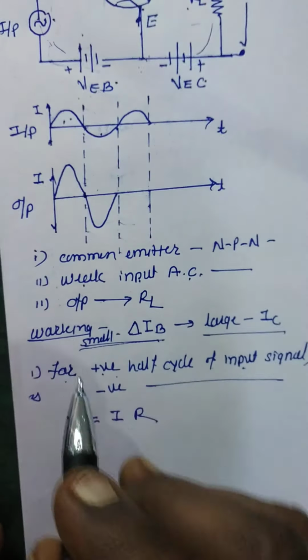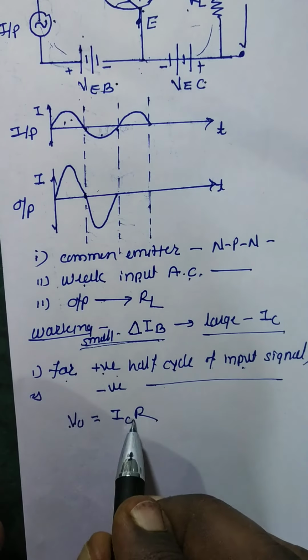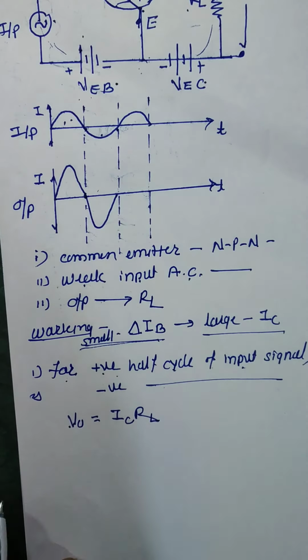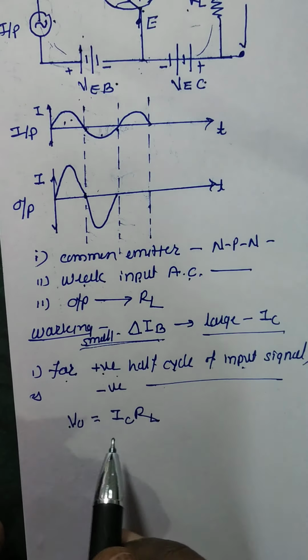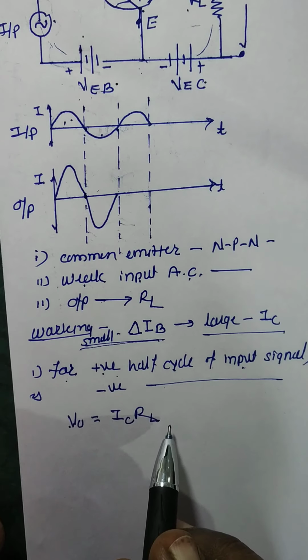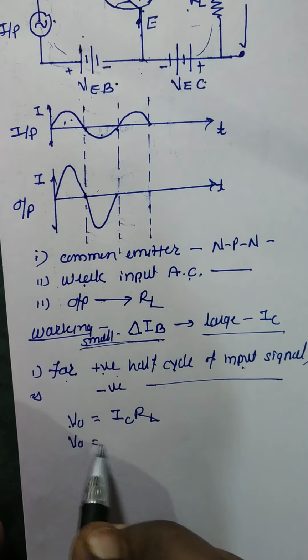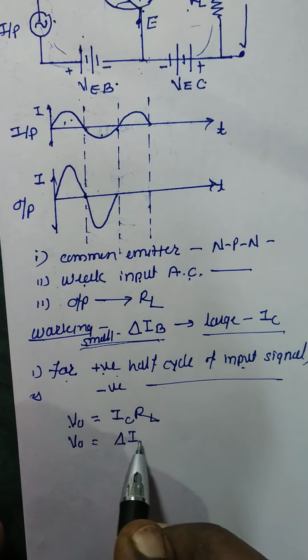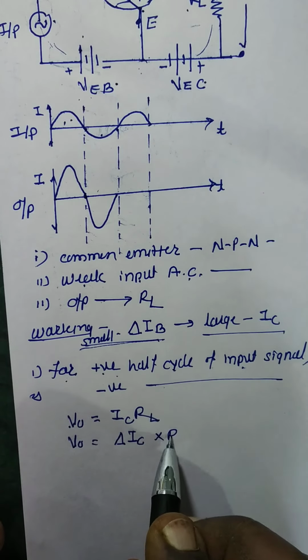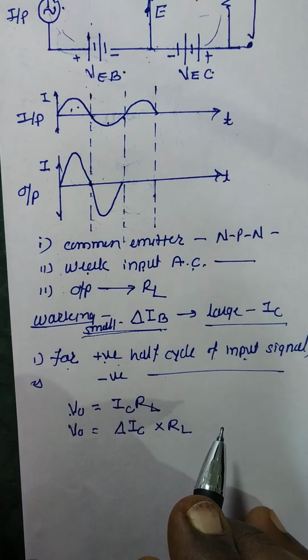Current IC, resistance RL. That is output voltage is equal to change in collector current IC into load resistance RL.